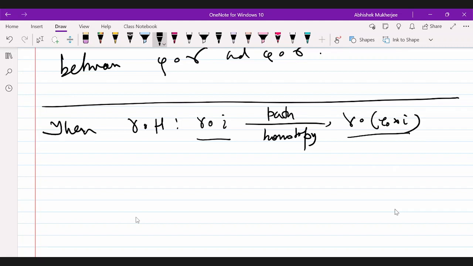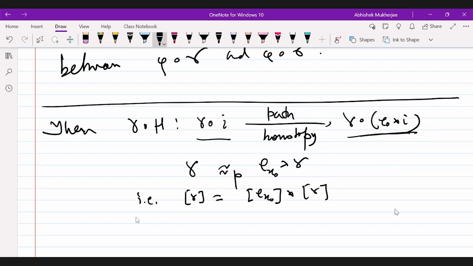And after that, for that I, it will be gamma. So gamma is path homotopic to Ex naught star gamma. That is, the path homotopy class of gamma is the path homotopy class of Ex naught star gamma.